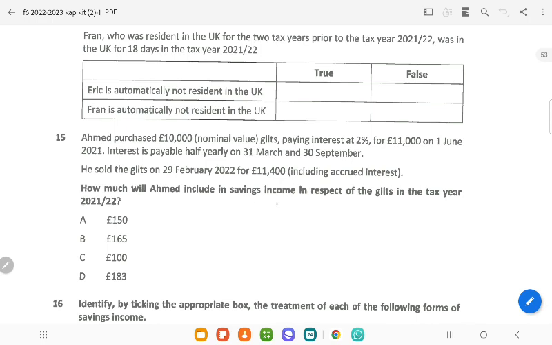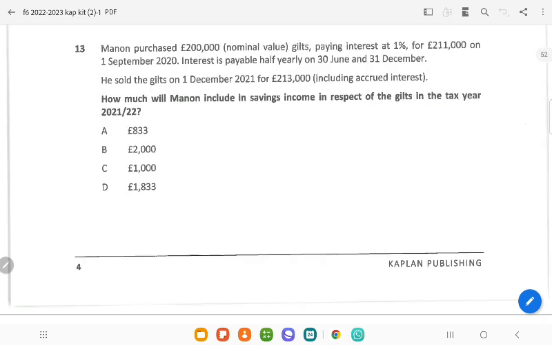How much will Ahmed include in savings income in respect of gilts in the tax year? Now stop this video and consider the difference in these two questions. What is the difference in information in these two questions, such that you have to apply a different method of calculation of interest? If you identify that difference, it is very good, but I will tell you what the difference is.